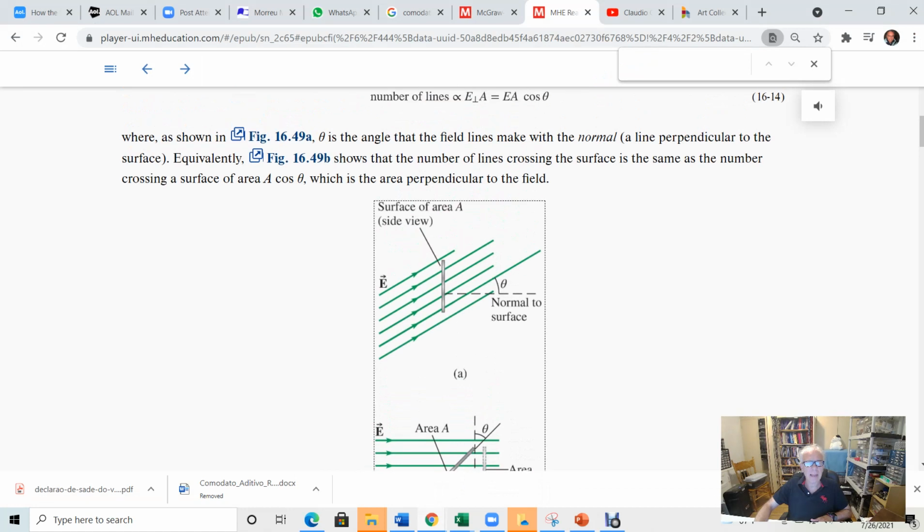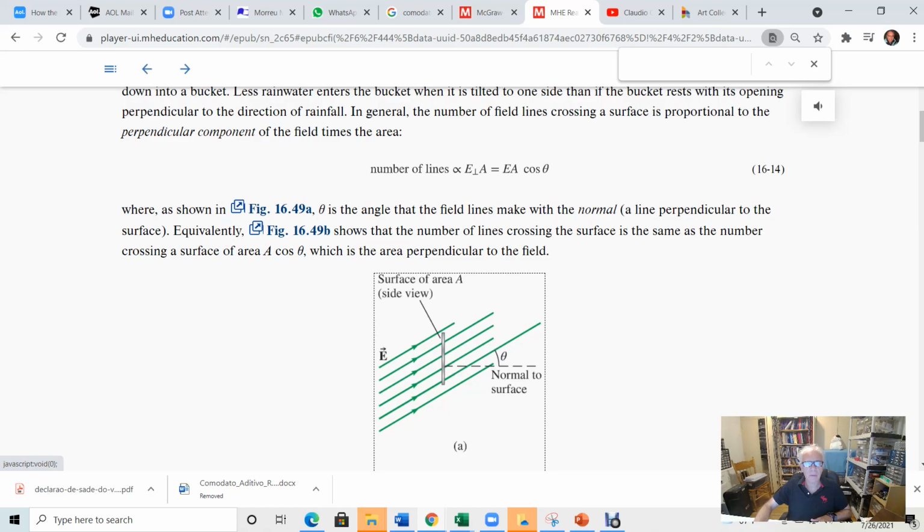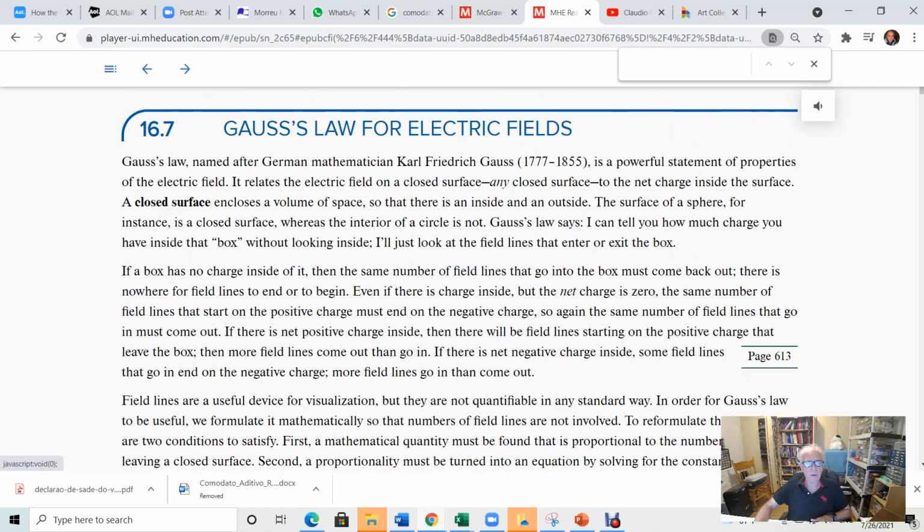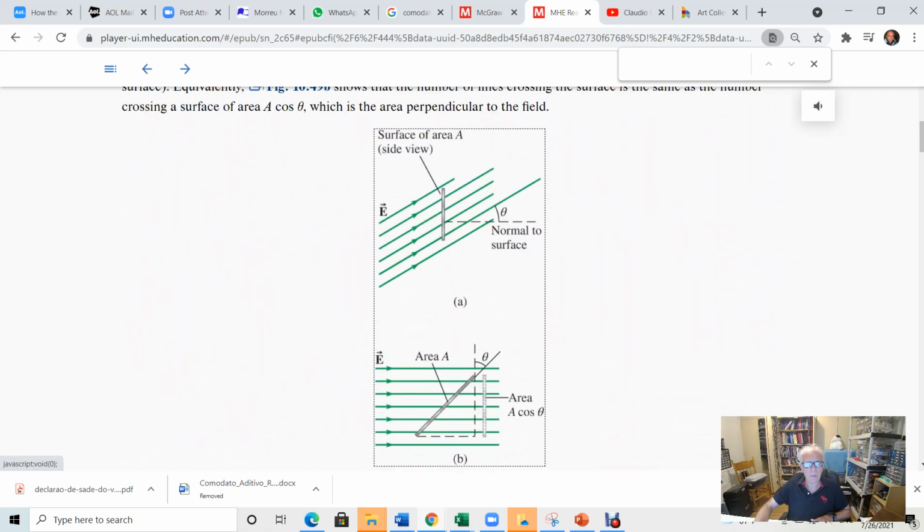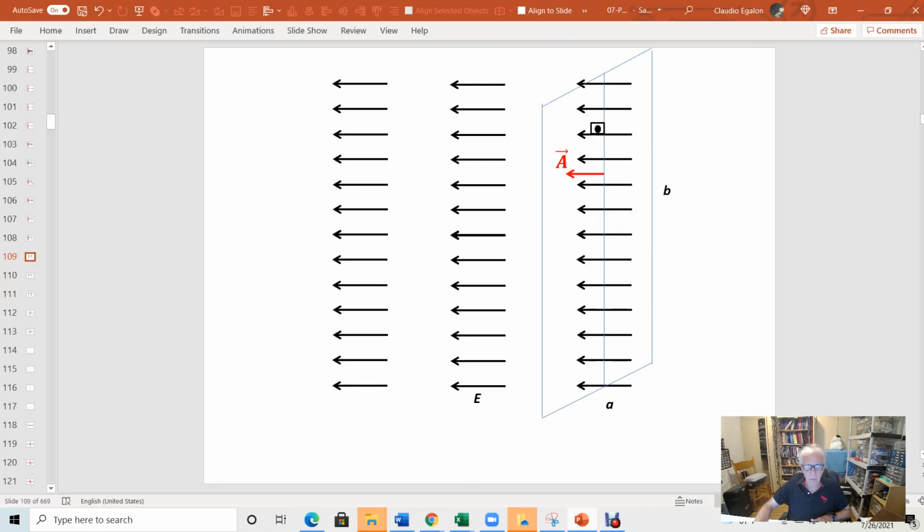The difference is that the electric field in this case makes an angle with the surface. Okay? We don't have another illustration. So if I were to draw the surface sideways to make it simple, that's how it looks like, sideways, so you don't see the actual plate.